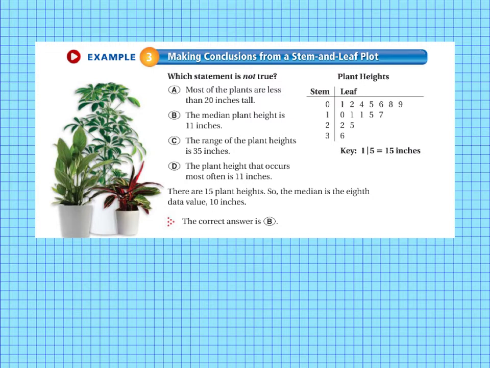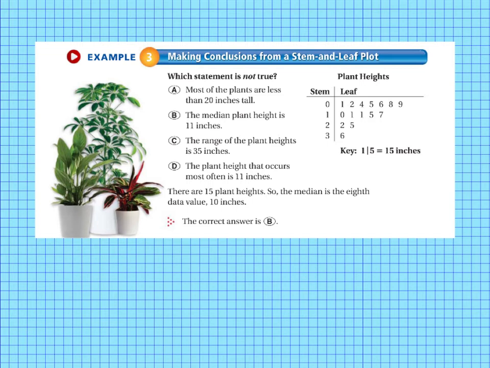Now we're going to look at example 3, making conclusions from a stem and leaf plot. Which statement is not true? So we're given the stem and leaf plot about these plant heights, and it shows us pictures of these beautiful plants over here. So let's take a look and see which ones are not true.